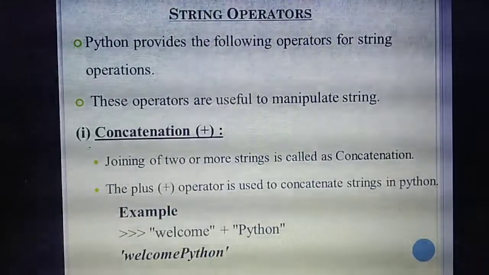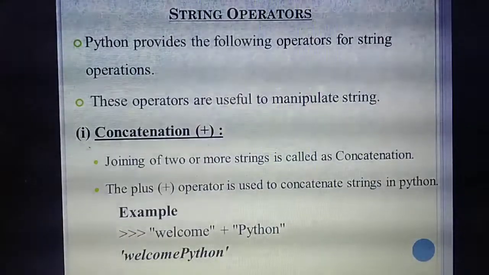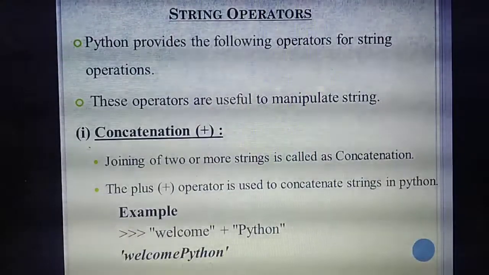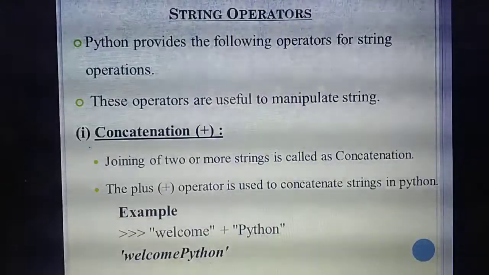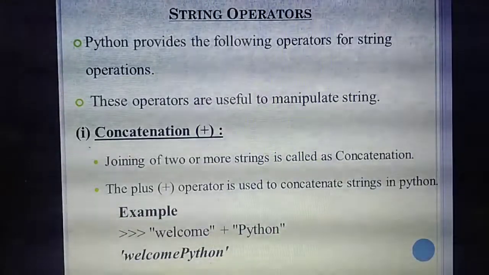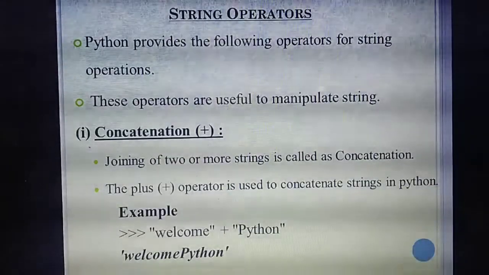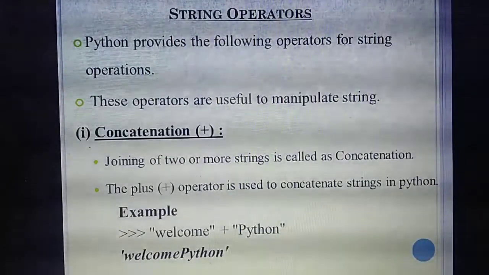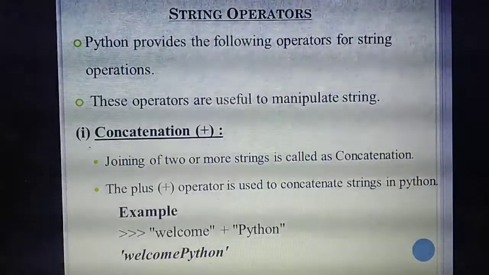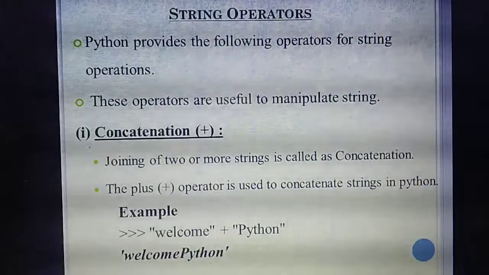What do you mean by string operators? Some operations you are going to perform on strings. This chapter is fully about strings, isn't it? What's the main use of these operators?